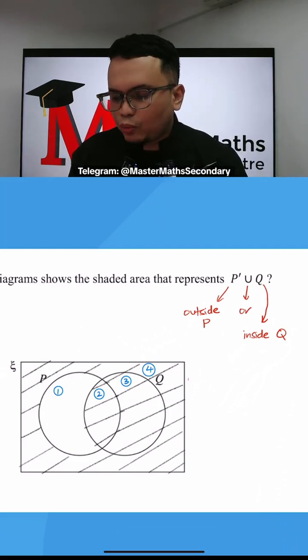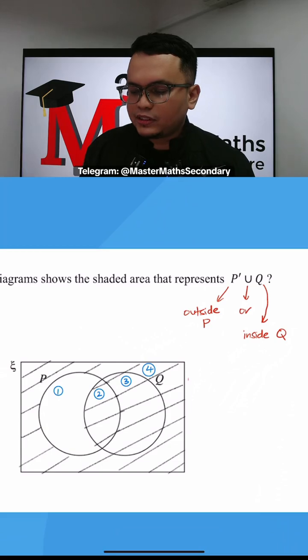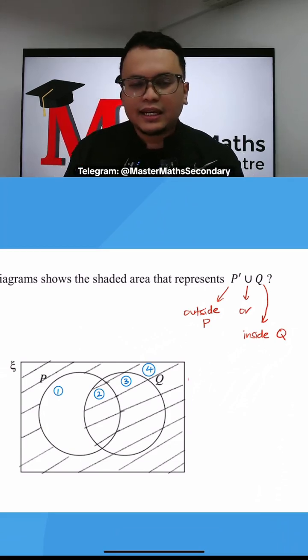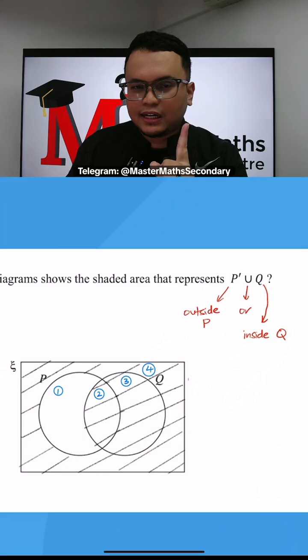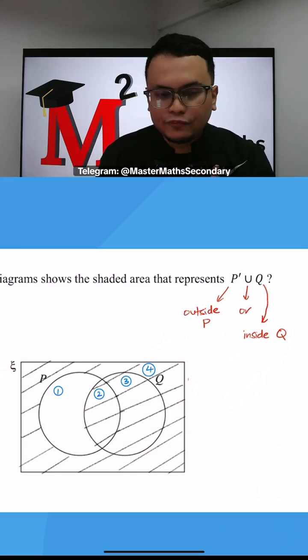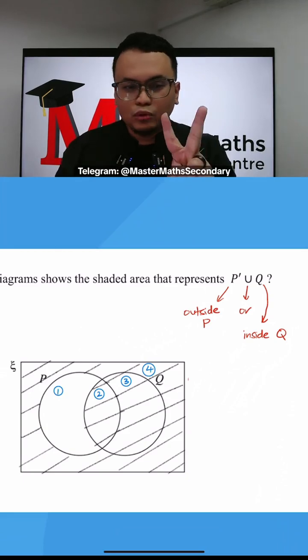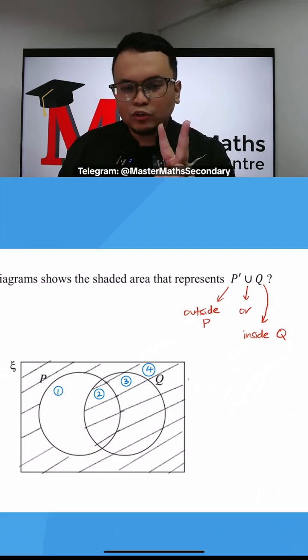Now, region 1, why is it that I never shade? It's because it is not outside of P, so it doesn't fulfill the first condition, and it is also not inside of Q. So region 1 I never shade, because it doesn't fulfill any of those conditions. What I shade was region 2. Region 2 fulfills the fact that it is inside of Q. So region 2 we shade.